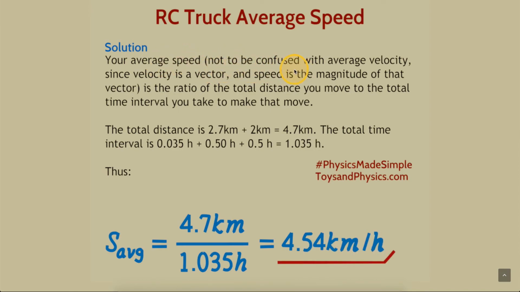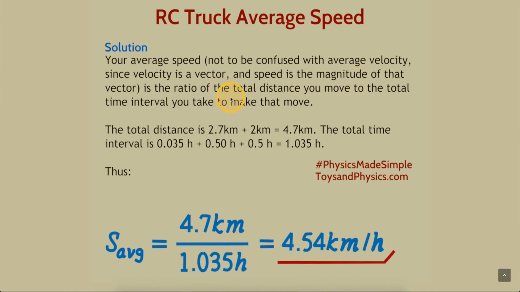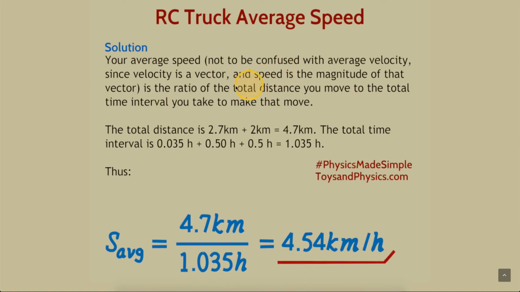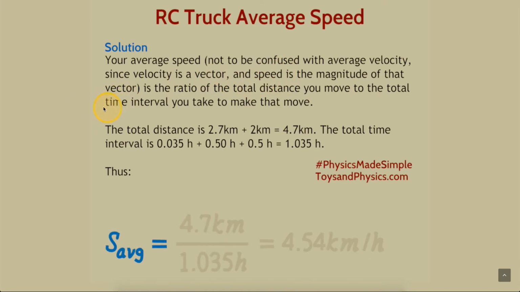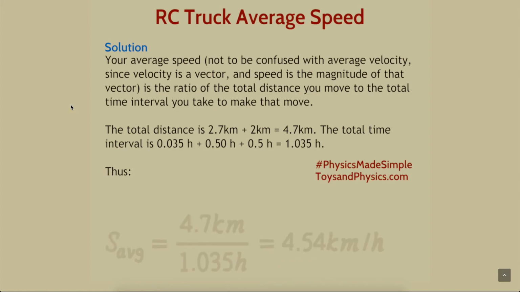and something that I want to disclose here is that average speed should not be confused with average velocity. Average velocity, or velocity, is a vector quantity. That means it has both direction and magnitude. And the speed is just the magnitude of that vector. So that's important. Again, we're not touching a lot on vectors during this series of videos, but we'll eventually do it.